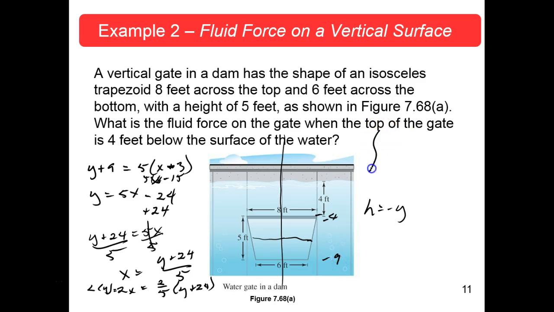So your integral here was your weight density of water, which is the 62.4, and you're going to be integrating from -9 to -4, from bottom to top, of minus y, that's your depth, times, and let's go on and pull the 2/5 out front.